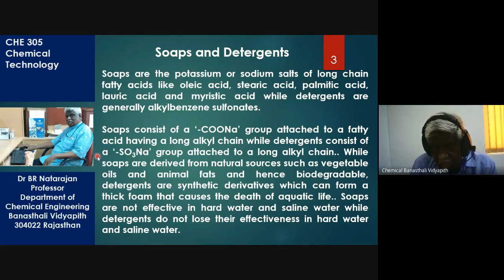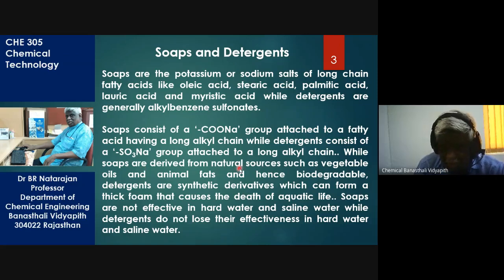While detergent consists of SO3Na. Remember, soaps have a COONa, whereas detergents in their chemical structure will have a SO3Na group attached to a long alkyl chain.